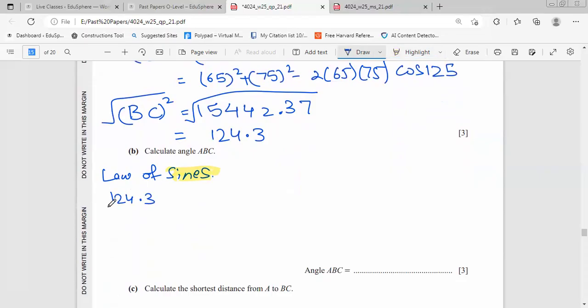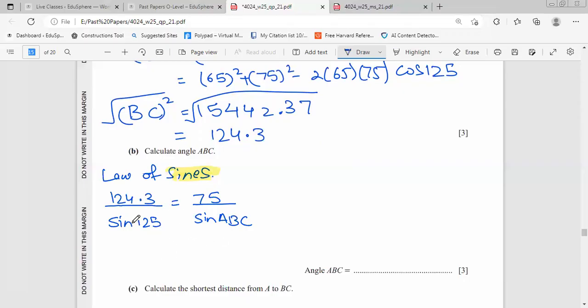For the law of sines, I'm going to write 124.3, which we just found, by sine of 125, because this was the angle, equals to 75 over sine of angle ABC. Now, at this point, we have to take the cross multiplication.